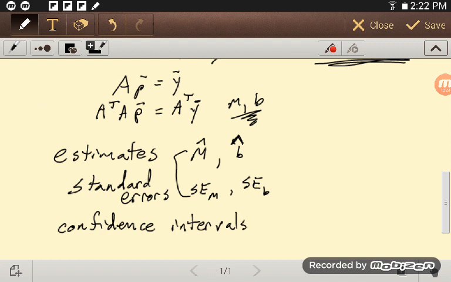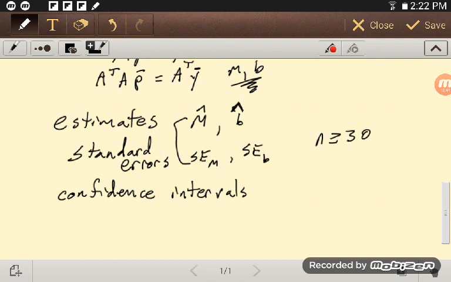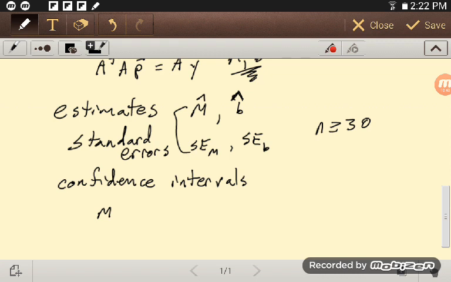And for the most part, as long as we have a decent sized data set. Now, how decent size? Well, say n is greater than or equal to 30. If we have a data set that big, then what we can do is say the real m, and usually we're mostly interested in the slope, but sometimes we're interested in the intercept.